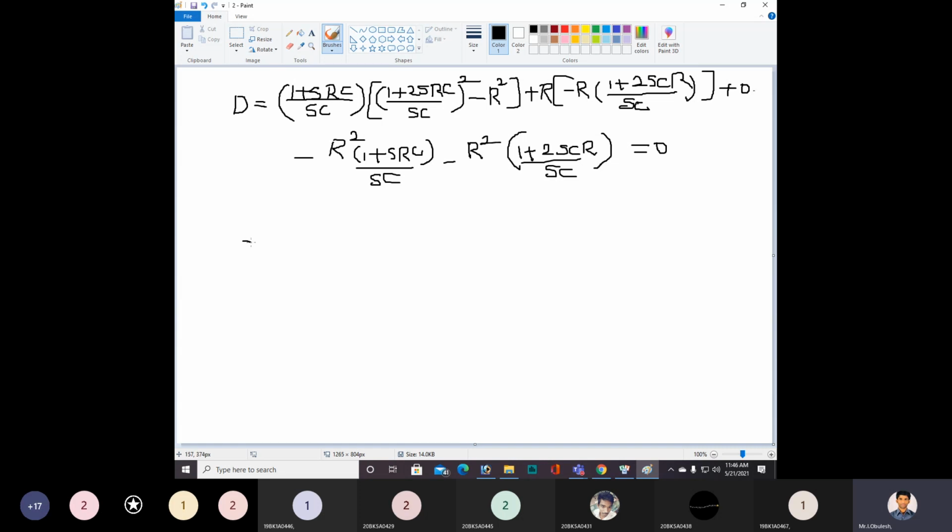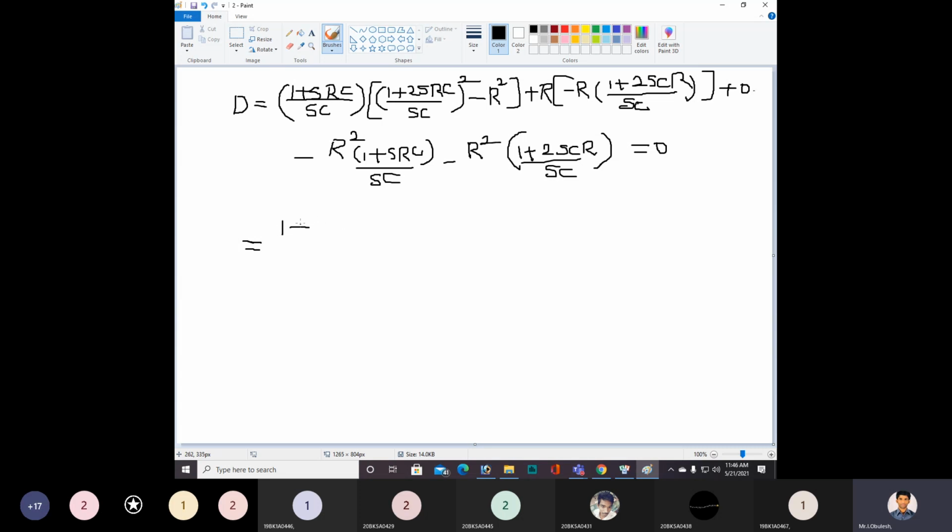That equals to, simplify the expression. Now we need to simplify. You need to multiply these two. First you need to simplify this 1 plus 2 SRC whole square. Then you will get the clarity.